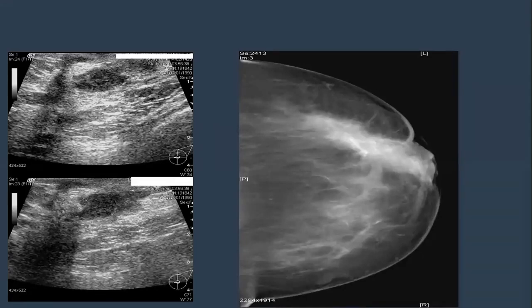Surrounding skin thickening also. In the ultrasound, there is a linear soft tissue mass. Not one. This is one, this is one. Oh, okay, multiple. Yes, multiple interconnecting intraductal masses or ductal masses.